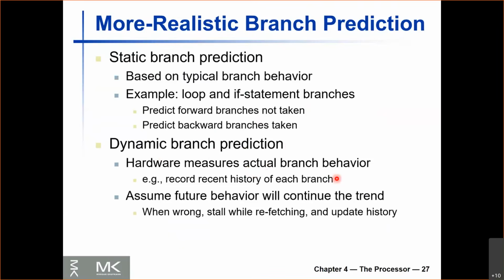It records the history of how the branch behaved, and based on this history, it decides what to do in the future. If it predicted incorrectly, it updates its history, so that in the future it will predict correctly.